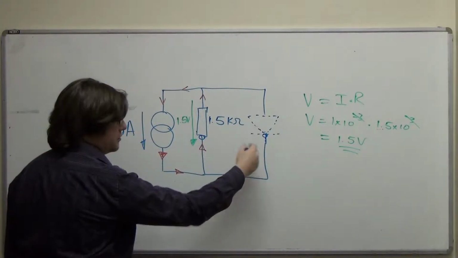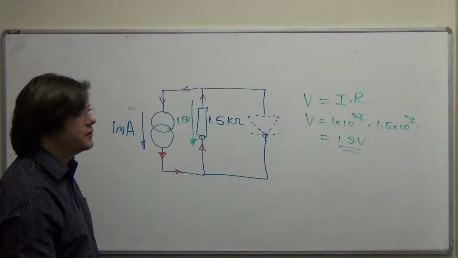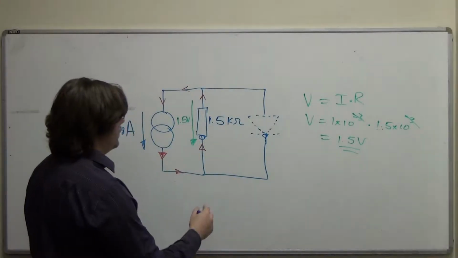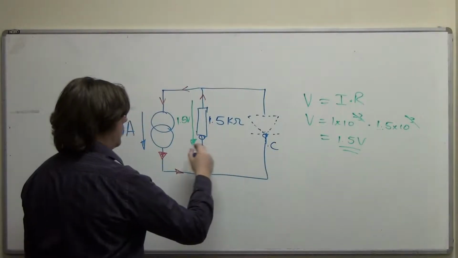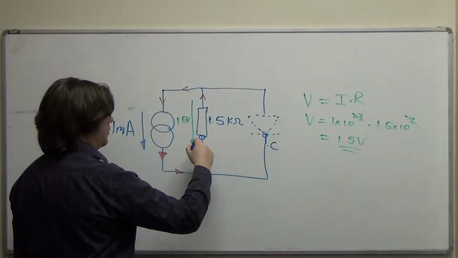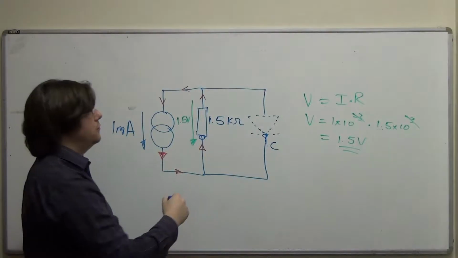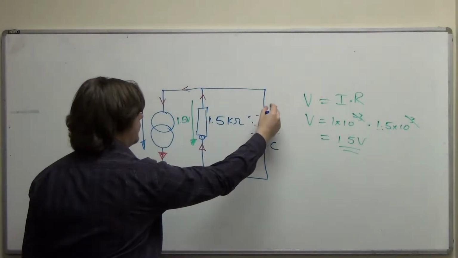There's no extra resistances in here or anything, it's a perfect conductor. So that means that I've got my cathode, that one, at 1.5 volts greater potential than my anode.